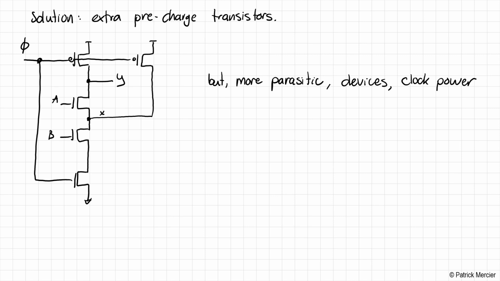So there's another nefarious issue that can crop up in dynamic logic, and that has to do with capacitive coupling. Okay, so again, the best way to understand how this manifests in dynamic logic circuits is by means of an example. So let's imagine that we have a dynamic inverter.